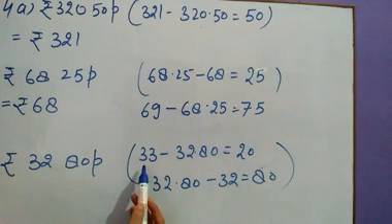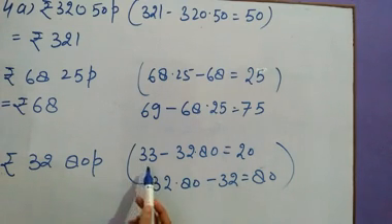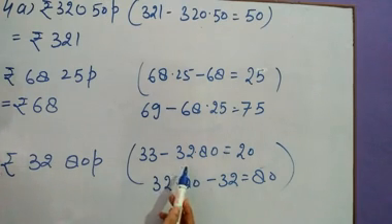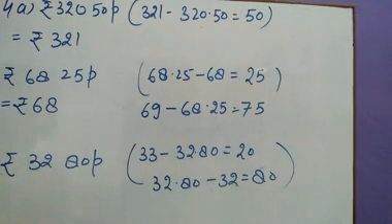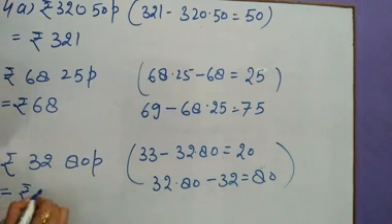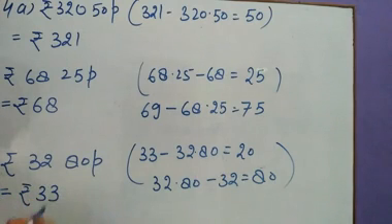The difference between 33 and 32 rupees 80 paise is 20 paise, and the difference between 32 rupees 80 paise and 32 rupees is 80 paise. So 32 rupees 80 paise will be rounded up to 33 rupees. Understood?